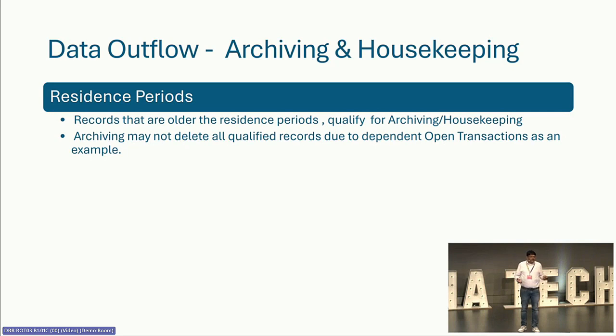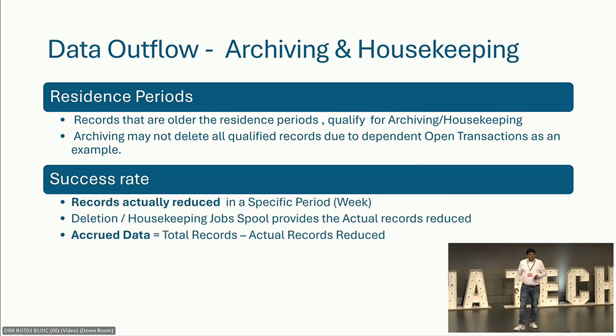So just out of apprehension, you are maintaining the data. But on top of that, even if you target some 100 records that qualify based on your residence periods, they would not be removed completely. And this happens especially with respect to your functional tables, the so-called business tables. SAP says, for example, that ACDOCA cannot be optimized with data outflow more than 70%, which is the so-called success rate.